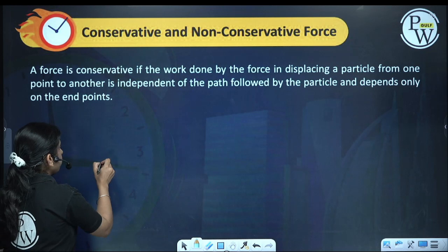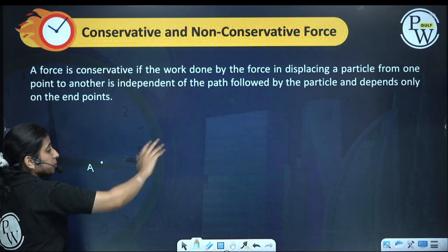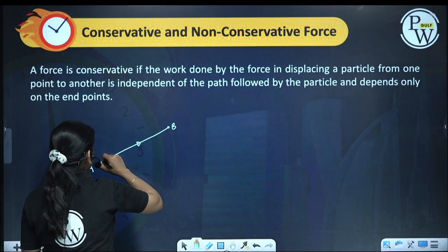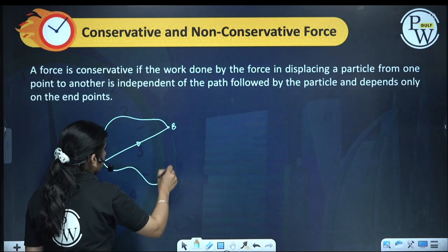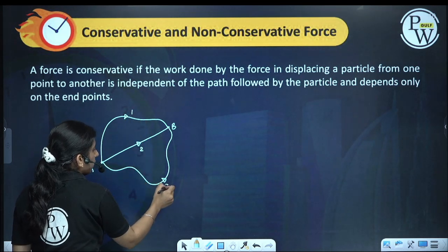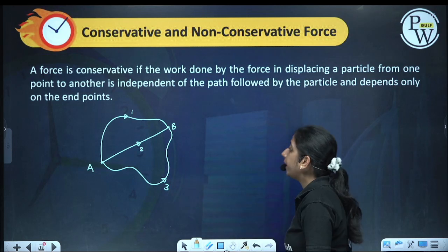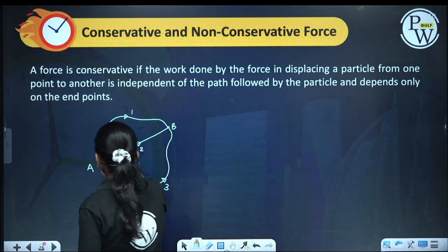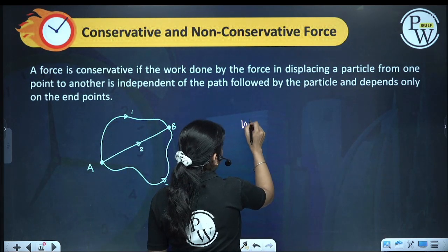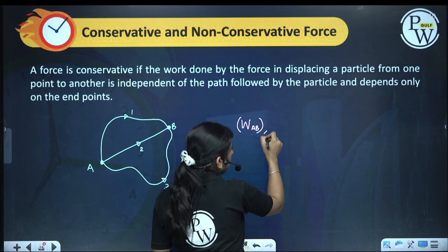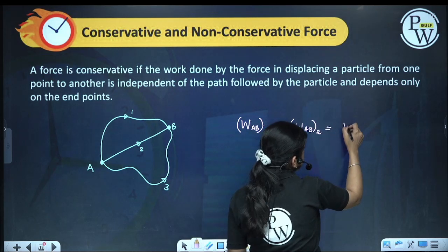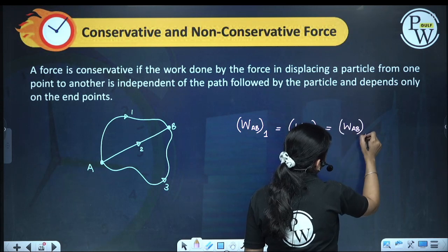Okay, if some force is present in this force field, and we are displacing any particle from A to B along three different paths, then work done in going from A to B along path 1 is equal to work done in going from A to B along path 2, is equal to work done in going from A to B along path 3.